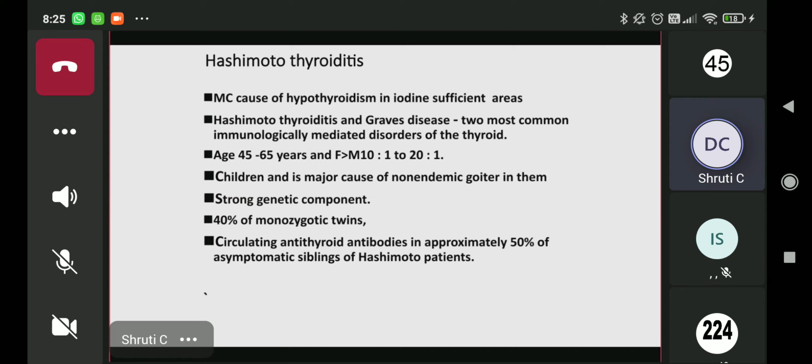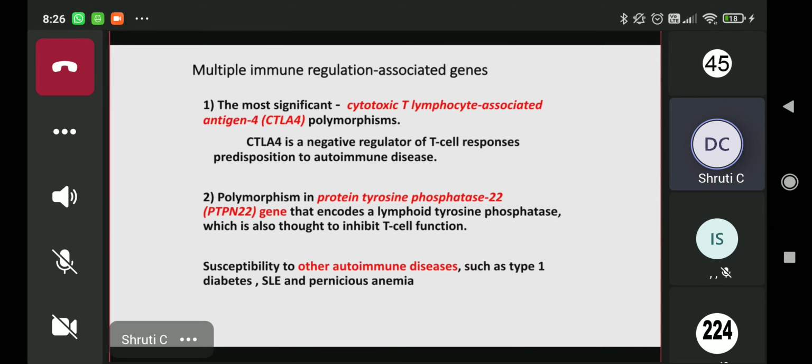Hashimoto thyroiditis is the most common cause of hypothyroidism in iodine sufficient areas. In fact, Hashimoto and Graves are the two most common immunologically mediated disorders of the thyroid gland. Hashimoto is more common in females between the ages of 45 to 65 years. And there will be circulating antithyroid antibodies in approximately 50% of asymptomatic siblings of Hashimoto patients. Okay.